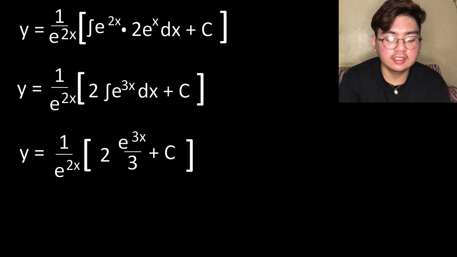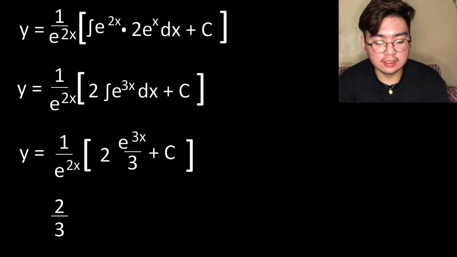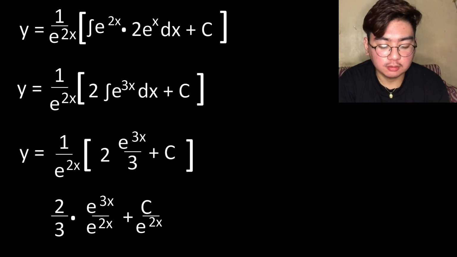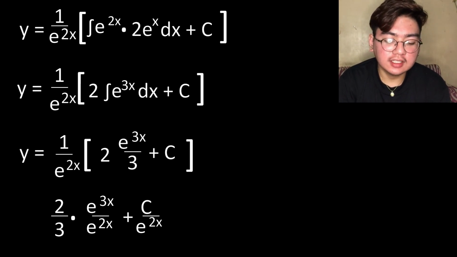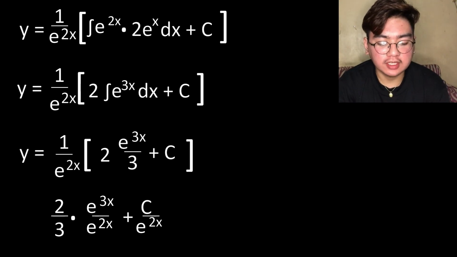I-distribute yung 1 over e to the 2x sa both terms. Kaya magkakaroon tayo ng 2 over 3 times e to the 3x over e to the 2x plus c over e to the 2x. Yung e to the 3x over e to the 2x, pwede natin siyang i-divide. Kaya yung 3x sa 2x ima-minus. Kaya 3x minus 2x equals x na lang.